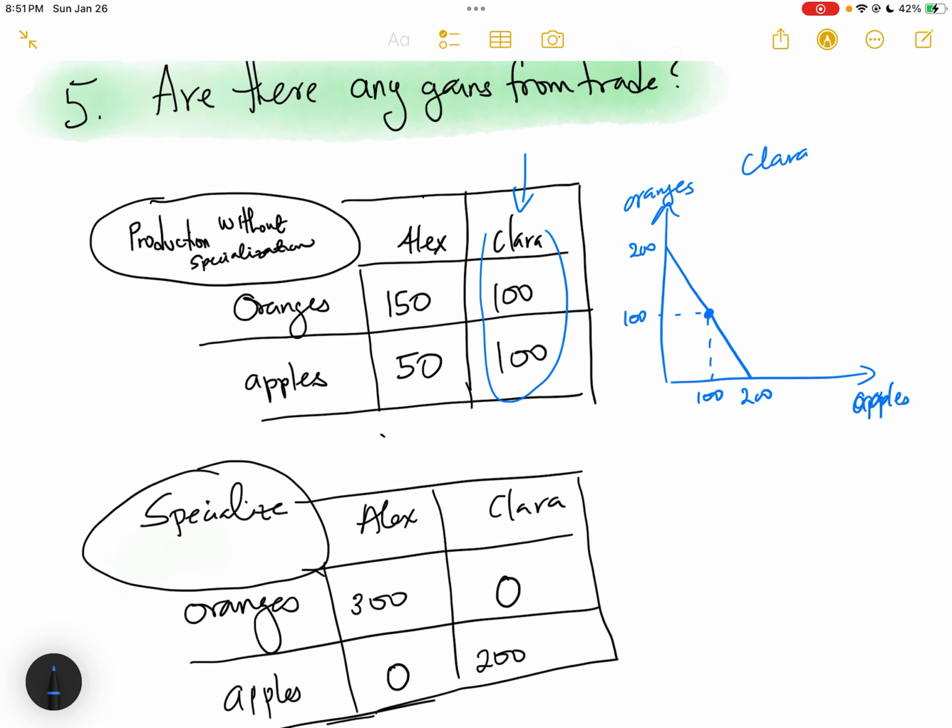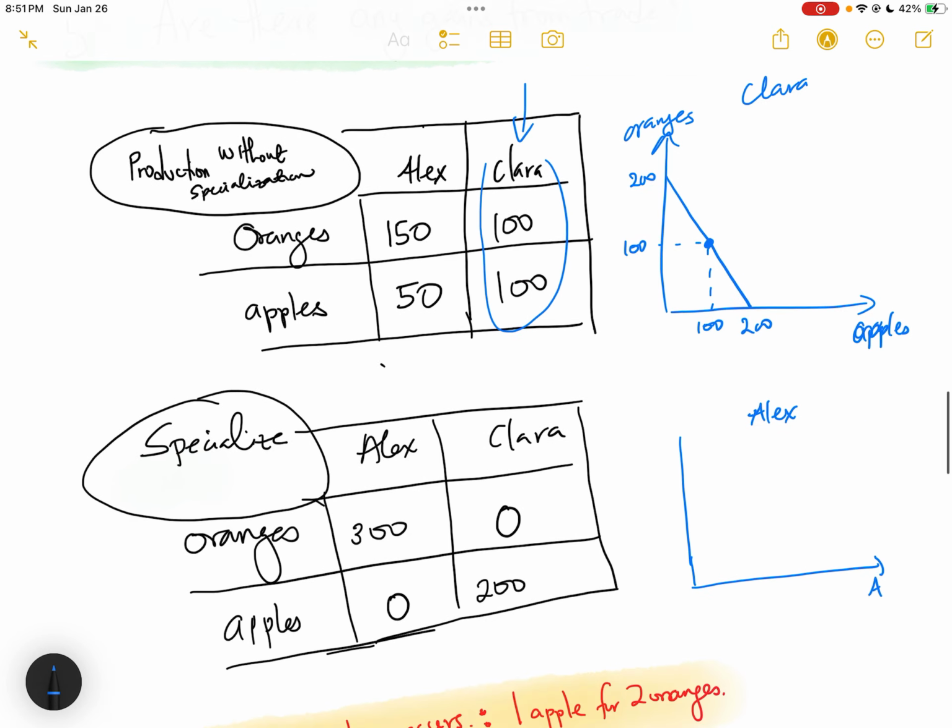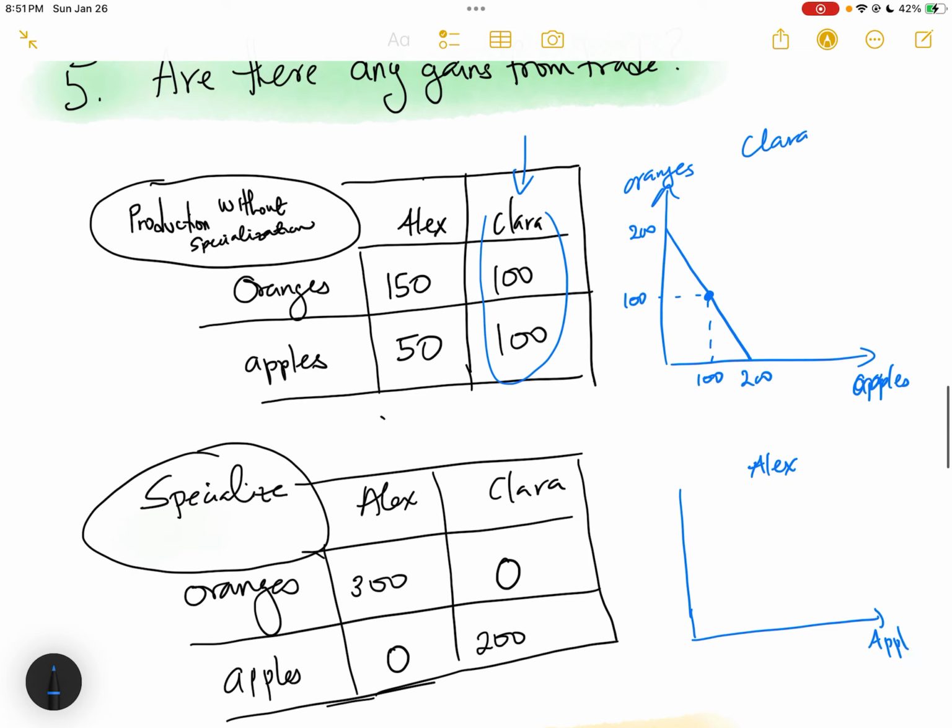Well, Alex, pardon me to draw both in blue. It's all right. I can use different colors later. Oranges, and that's 300, and that's 100. Looks like I'm doing this without my trusty ruler. That's fine.